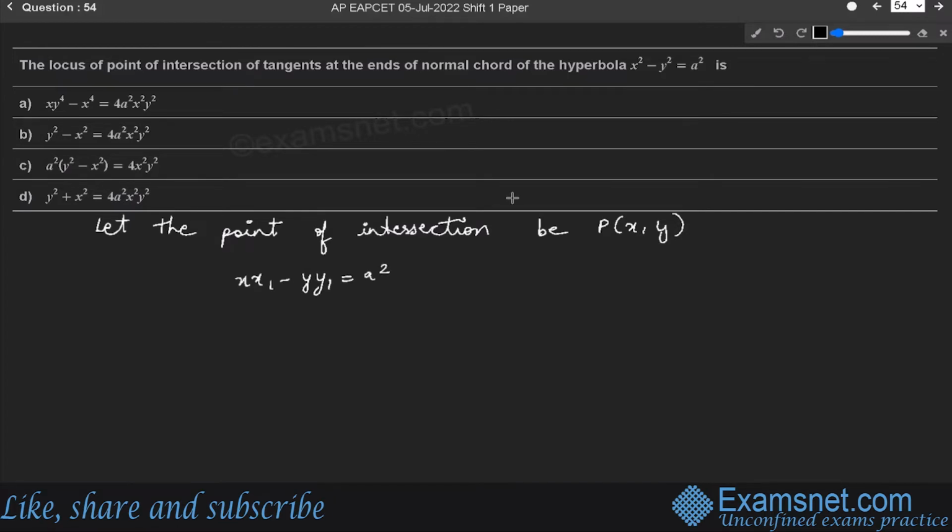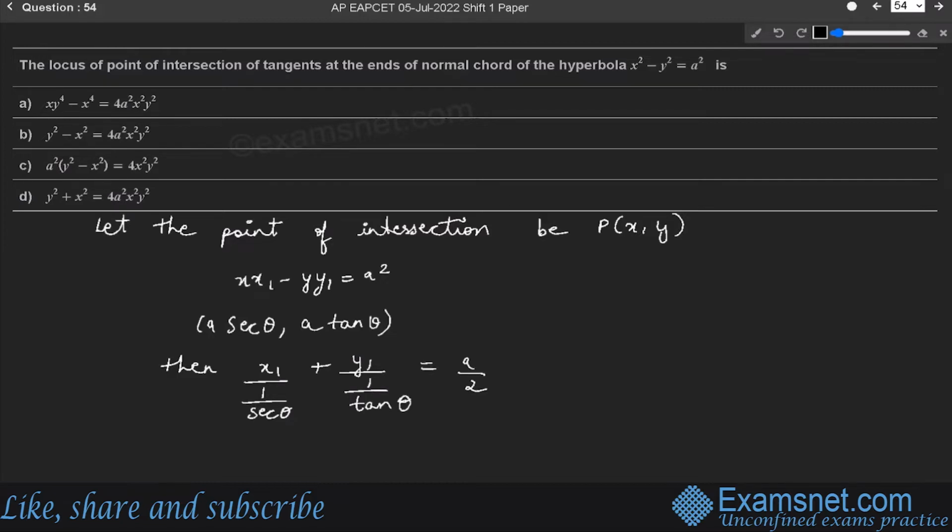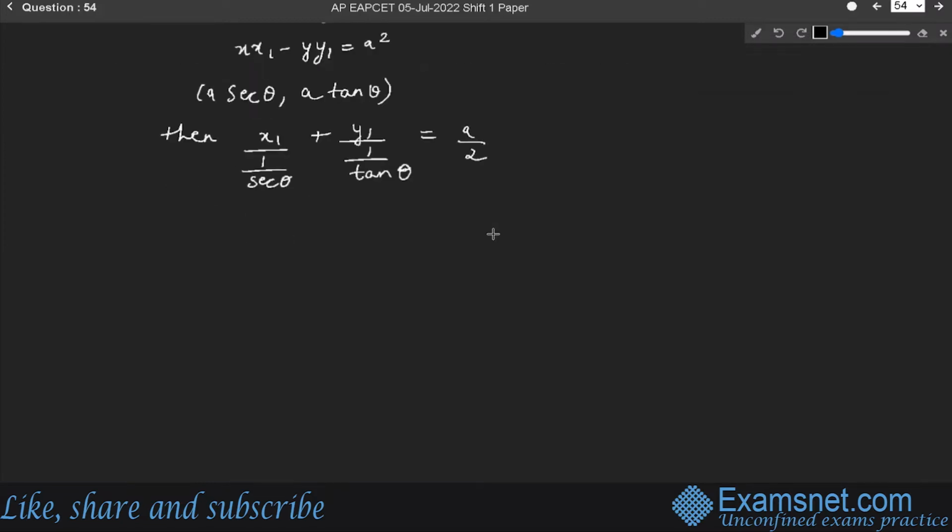It subtends angle theta such that we have a sec theta comma a tan theta. Then it will be x1 upon 1 upon sec theta plus y1 upon 1 upon tan theta is equal to a by 2. From here we can say that sec theta will be equal to a upon 2x1 and tan theta will be equal to minus a upon 2y1.